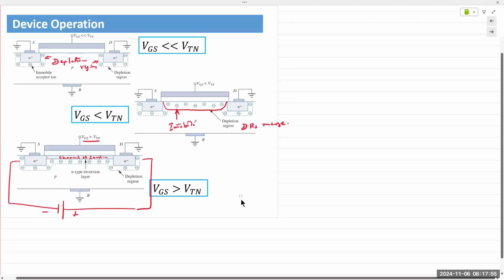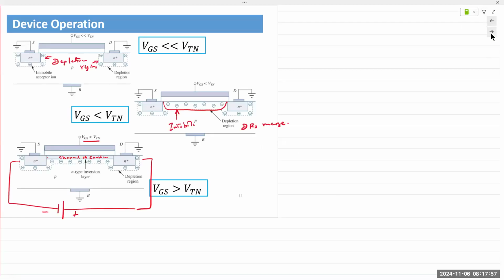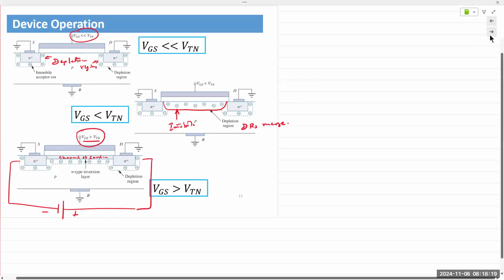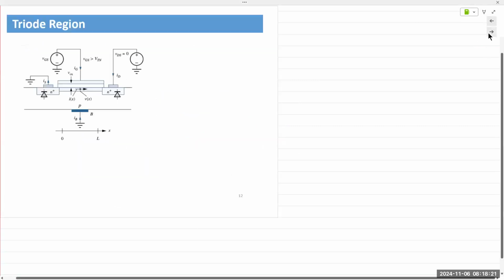Okay, so we saw in this N-channel enhancement MOSFET, we have to apply a voltage at the gate to create a channel. So unlike the JFET and unlike the depletion MOSFET, a channel does not exist. We apply a voltage at the gate to create a channel between the drain and the source.